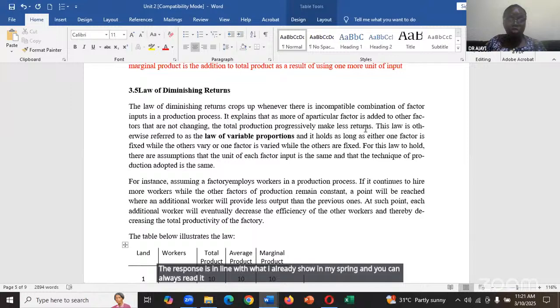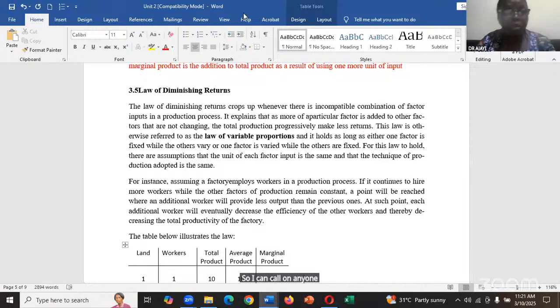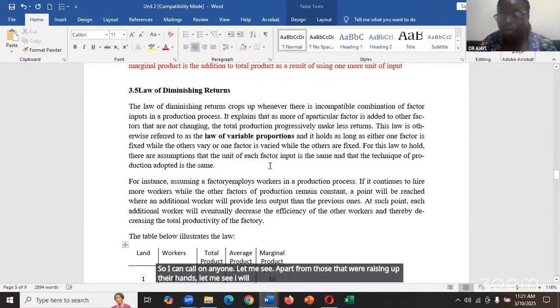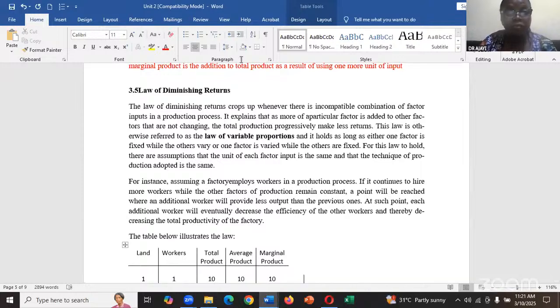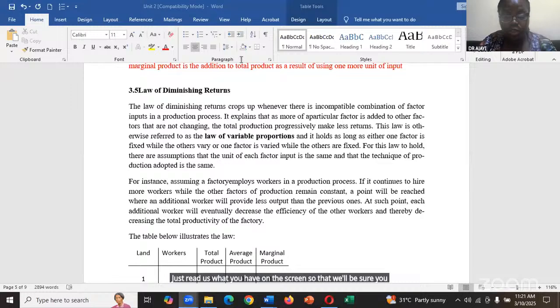So I would just want one or two of you to read out what we have on the screen to be sure that we are together. I can call on anyone. Apart from those that were raising up their hands, let me see who I can call. Just read out what you have on the screen. Who is Adesola Samuel? Adesola Samuel, if you're on, please unmute yourself.